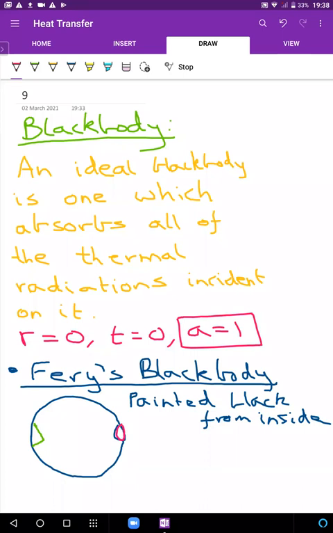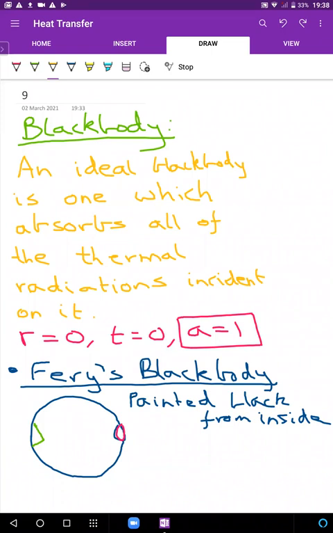Now, why does this hole behave as a black body? So first of all, what is a black body? One which absorbs all of the radiations incident on it. Technically, objects which are colored black tend to absorb most of the radiations incident on them, but they don't absorb everything. They are, of course, reflecting some amount of light.